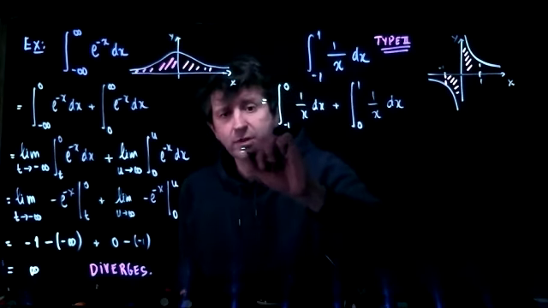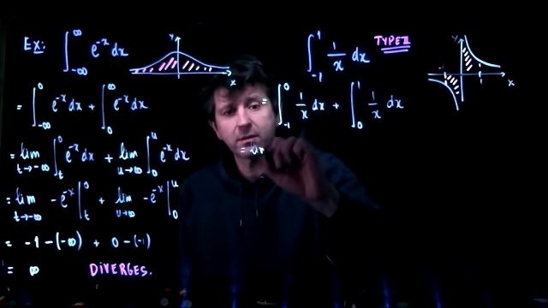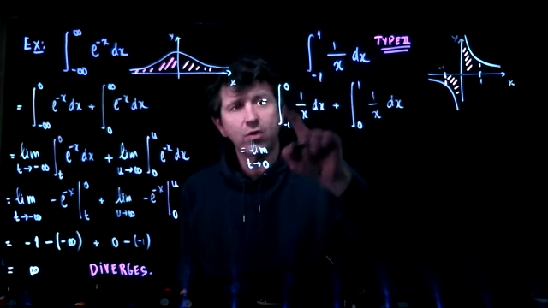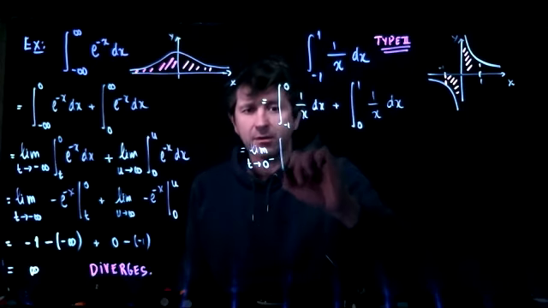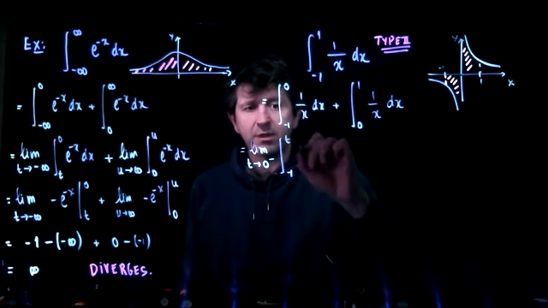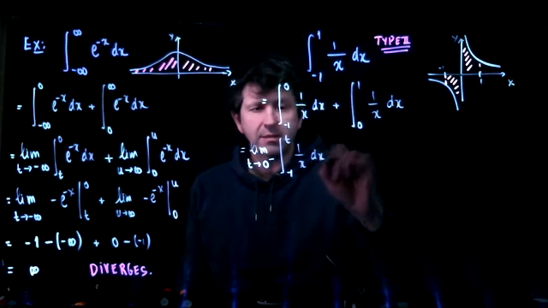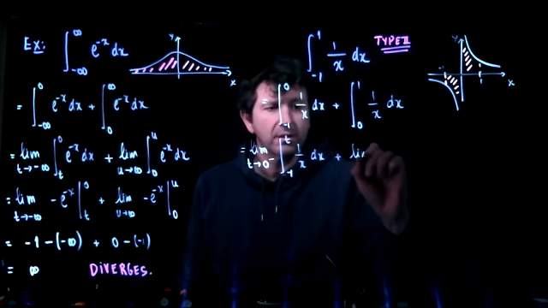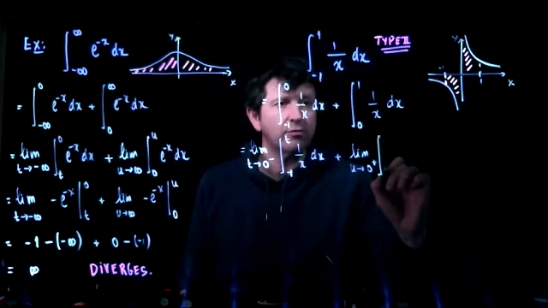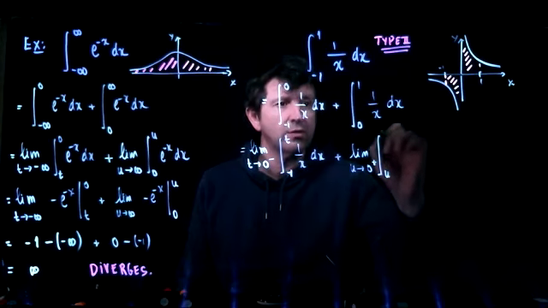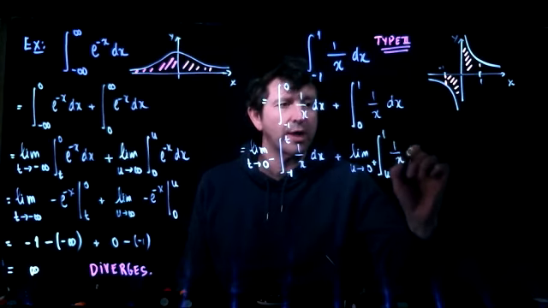So let's do it. The limit as t approaches 0 from the left side of the integral from -1 to t of 1 over x dx, plus the limit as u approaches 0 from the right side of the integral from u to 1 of 1 over x dx.